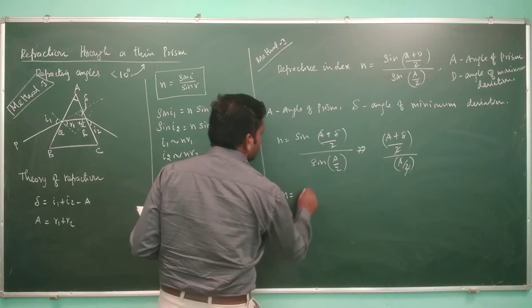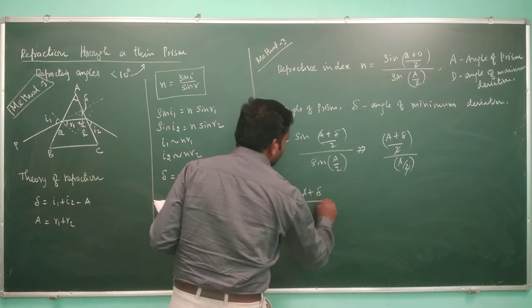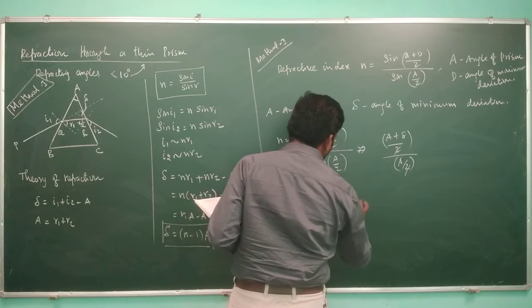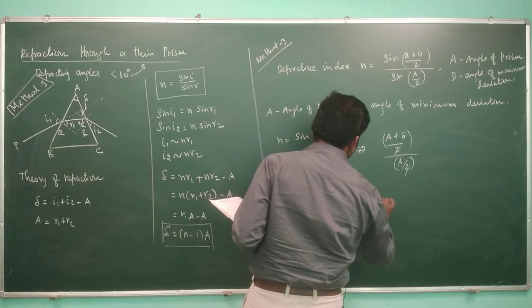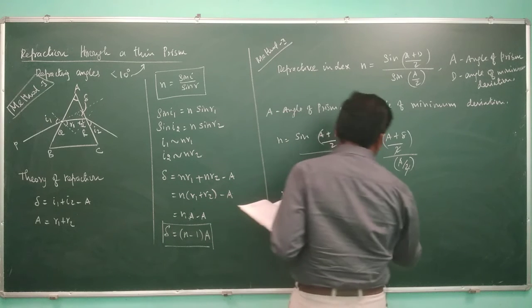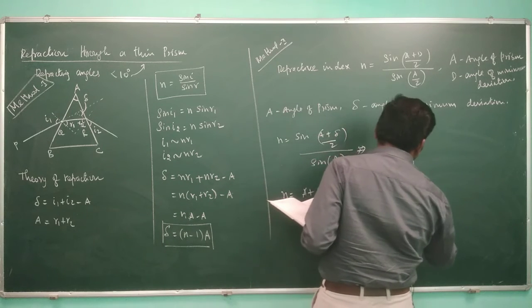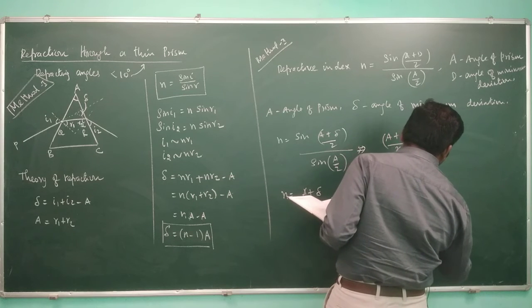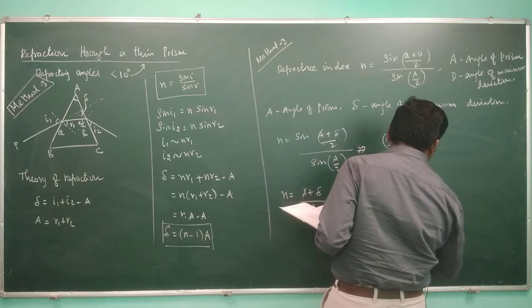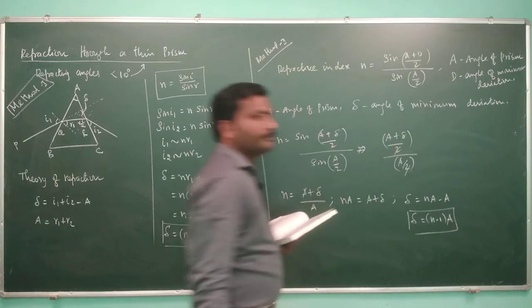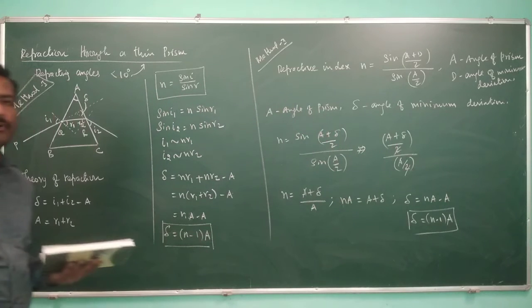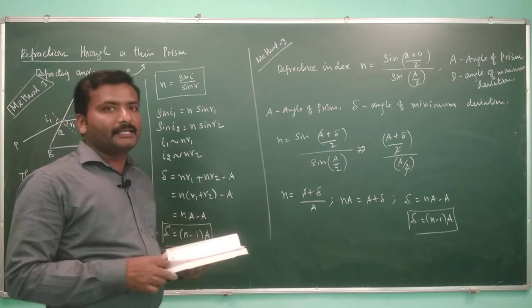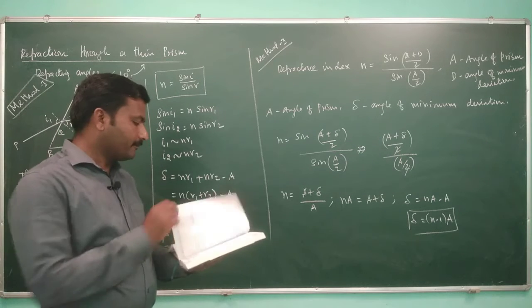So n is equal to (A plus delta) divided by A, or nA is equal to A plus delta, or delta equal to nA minus A, or delta equal to (n minus 1)A. This equation holds true only when the refracting angles are small, that is less than 10 degrees.